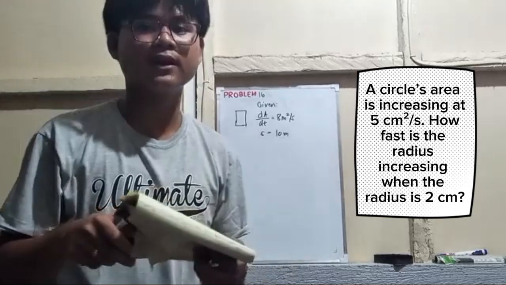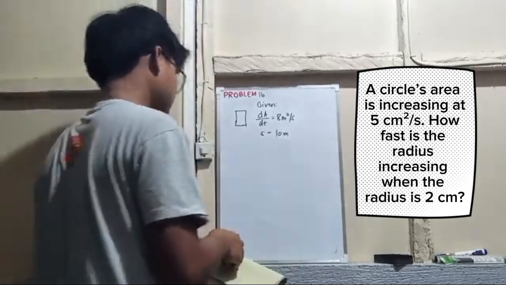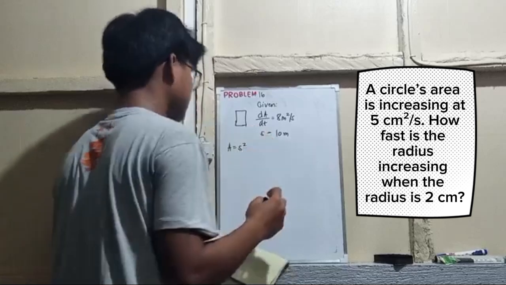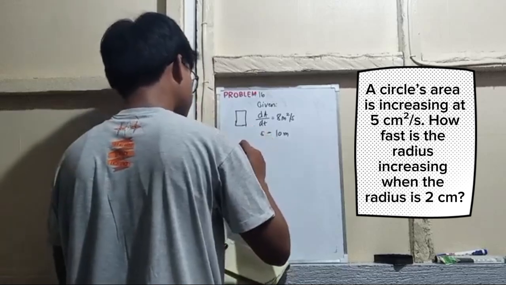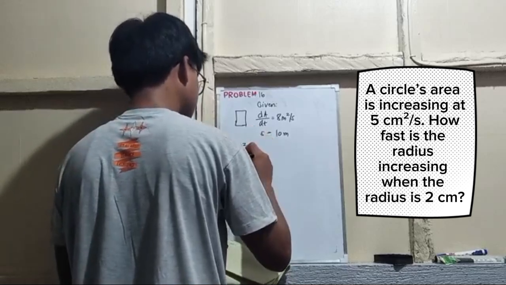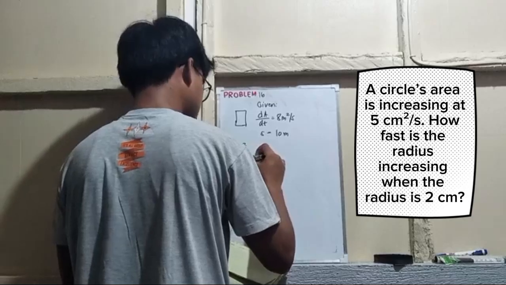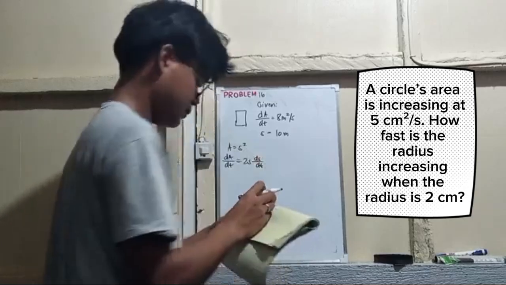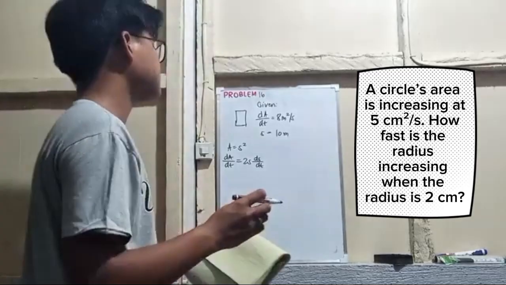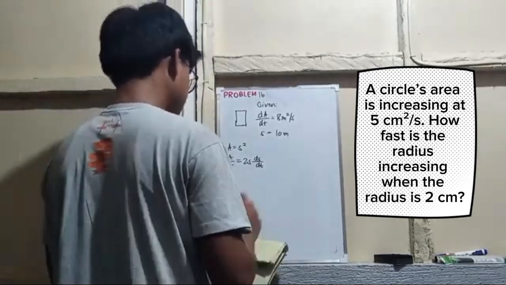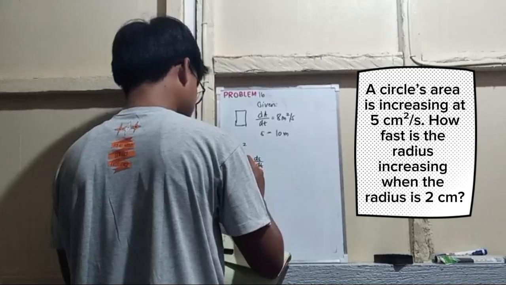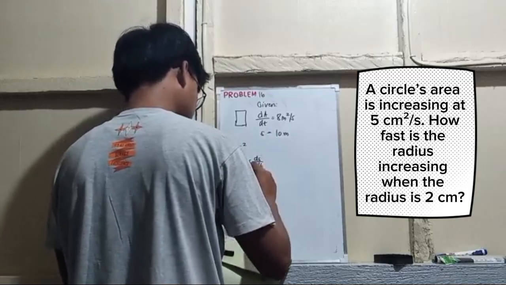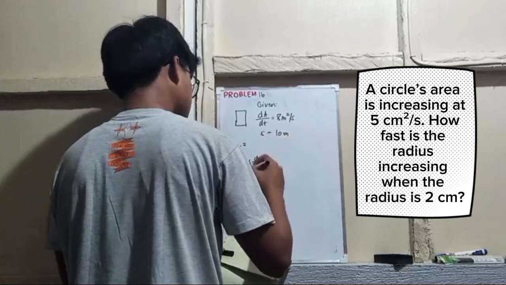Now we all know that in getting the area of a square, the formula is s squared. Then we'll differentiate the formula. So we'll have dA over dt equals 2s ds over dt. So we will substitute the given into the formula. So dA over dt, we'll have the 8 and our 2, then our s is equal to 10.